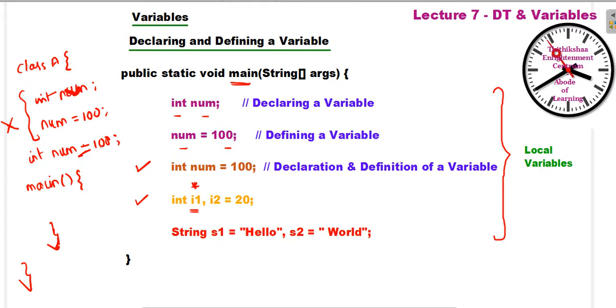We will see what is meant by constructor. You cannot define it in the next line. This will not be allowed. And similarly, I told you, if you give int i1, i2 without a value, and if you use this variable in your program, it will throw an error because it is not initialized.